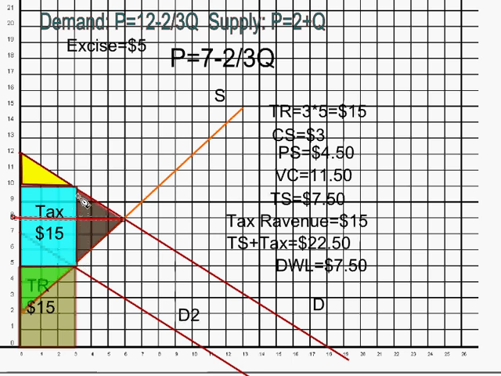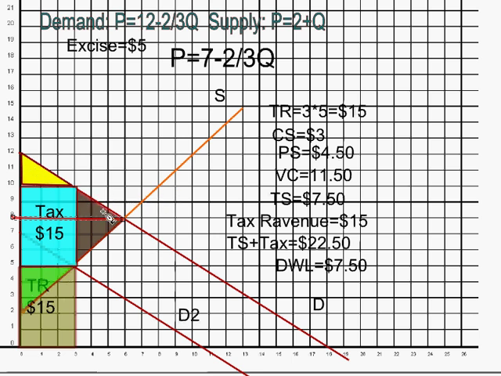So the incidence is, how do we split this 5? The price for the consumers goes up 2. For the producers it goes down 3. And so we would say that the producers pay $3 of the tax and the consumers pay $2 of the tax. Now, why do the consumers pay less? It's because their slope is lower than the producer's.